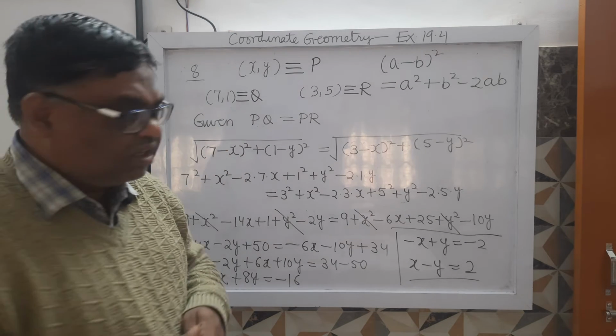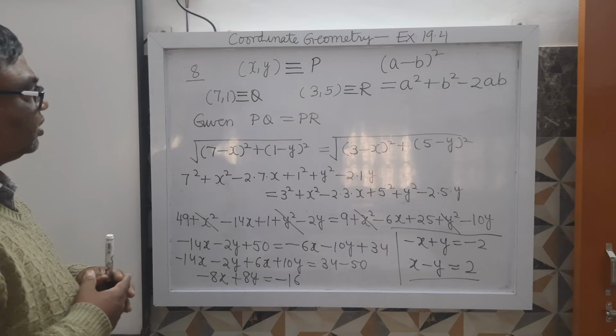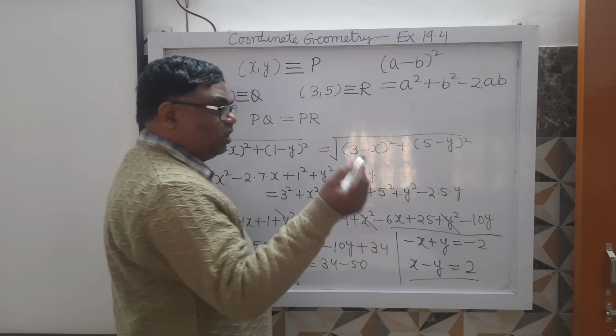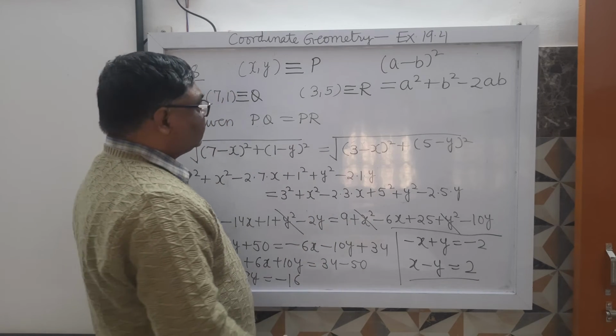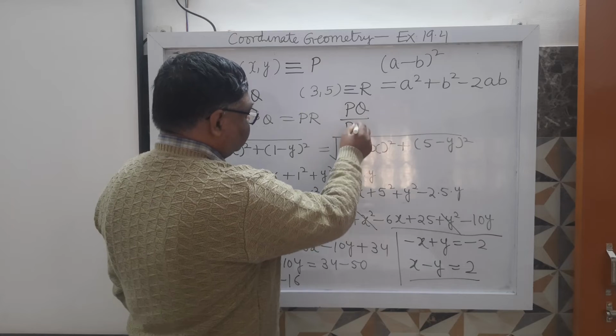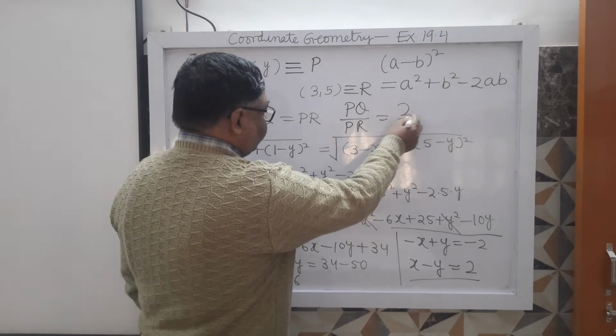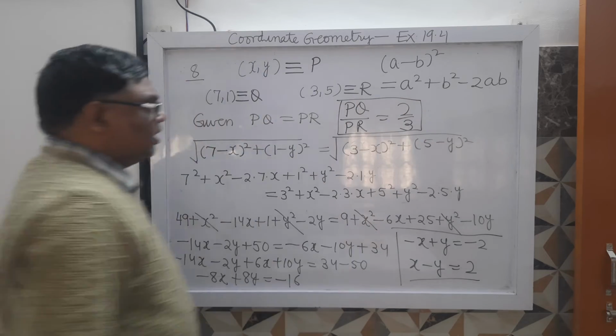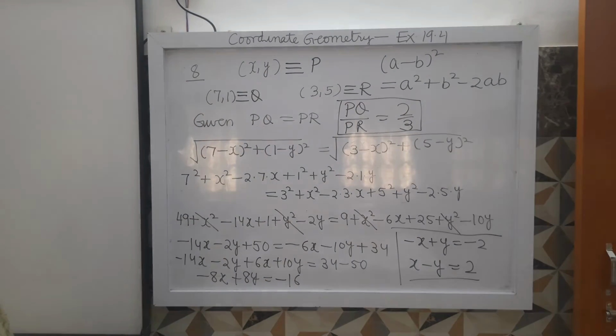It's clear? This question may be asked in this way also: find the relation between x and y if PQ upon PR equals 2 upon 3.